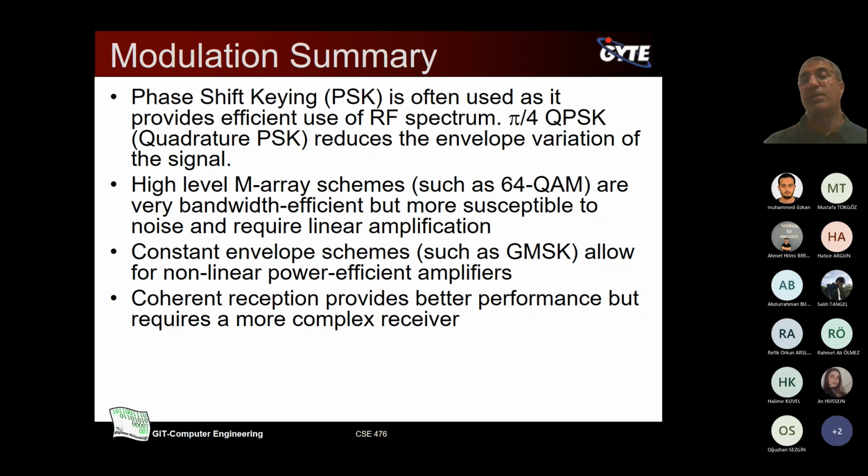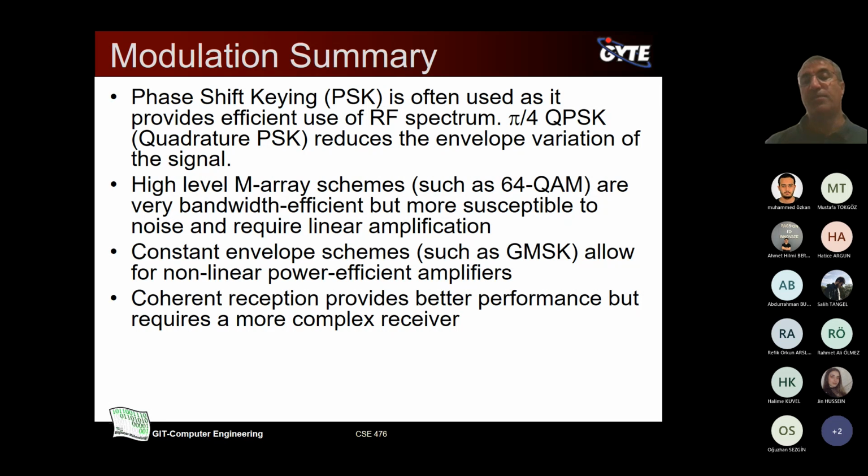And we can utilize high-level, multiple-level modulation, such as 64, even 256 QAM. These are very bandwidth efficient, but more susceptible to noise, and they require expensive linear amplification.